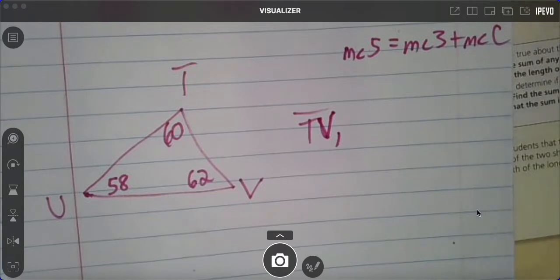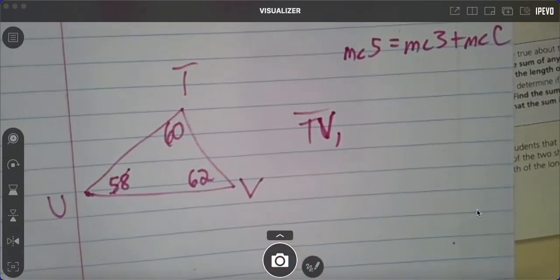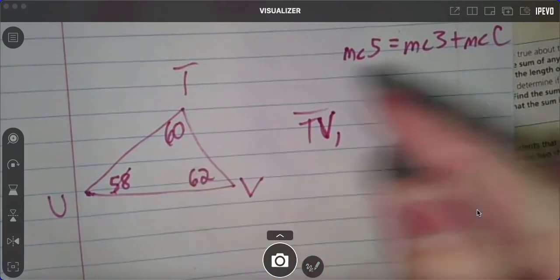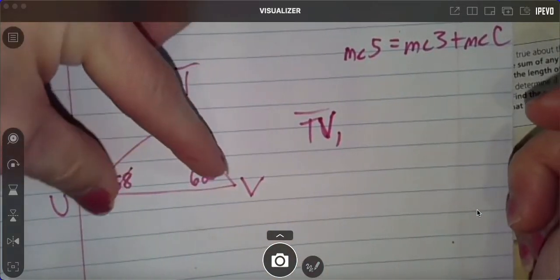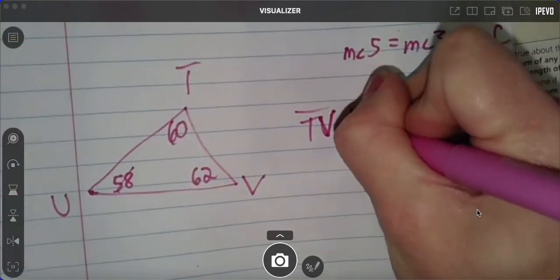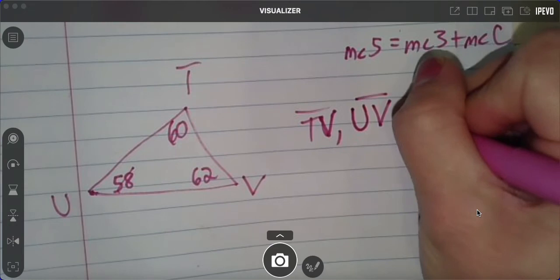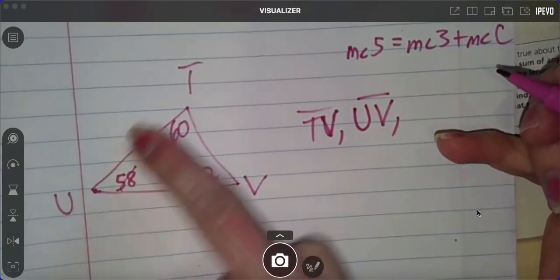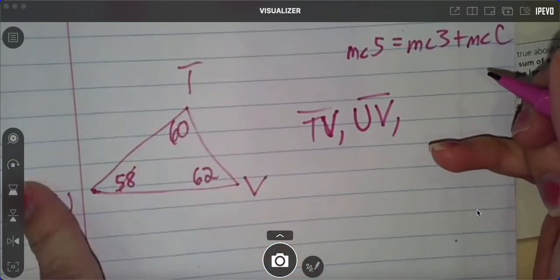So now my next to biggest angle, I've already done the 58. What's my next one? 60. What one is that one? That one is UV. It's 60 is across from UV. So I'm going to write UV. Then my last one is 62. And it's TU or UT. I'll do UT.